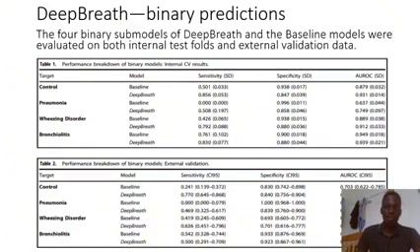The four binary submodels, Deep Breath and baseline models, were evaluated on both internal test folds and external validation data. The table above is for the internal test folds, and the last one is for the external validation data.